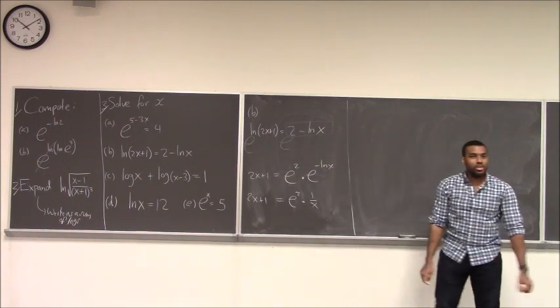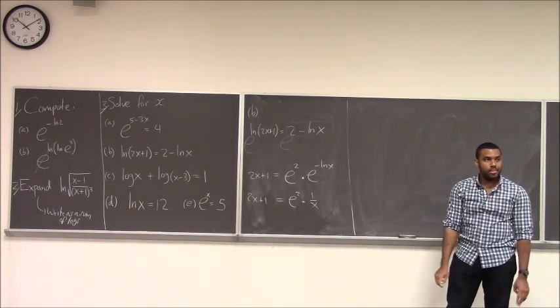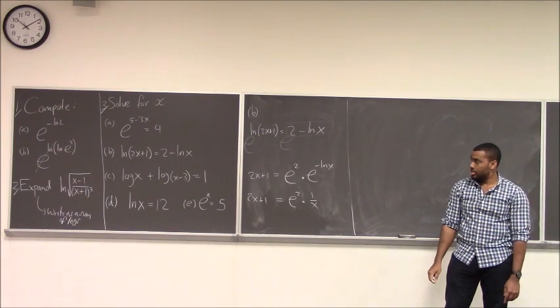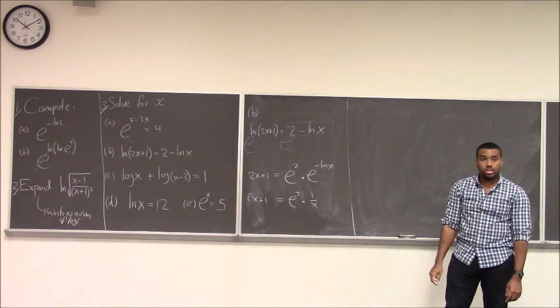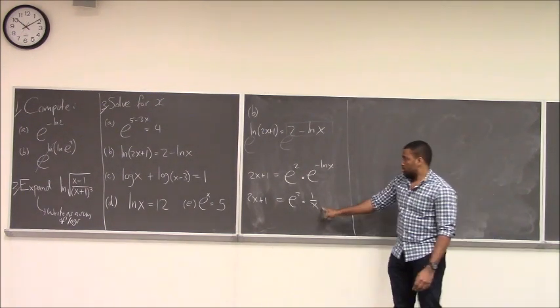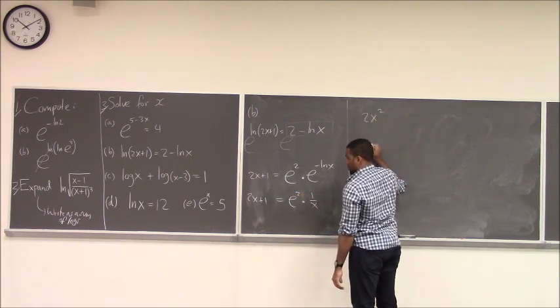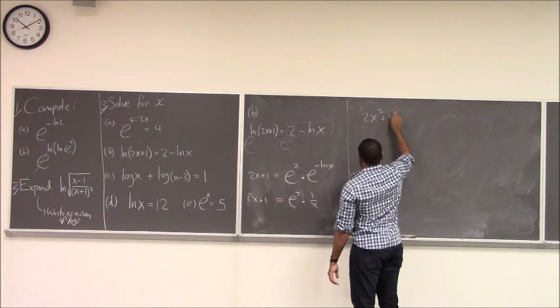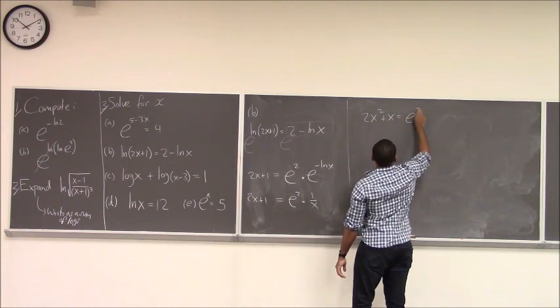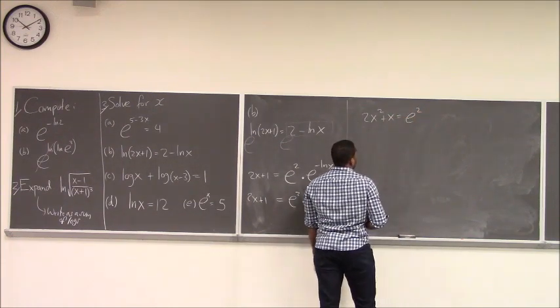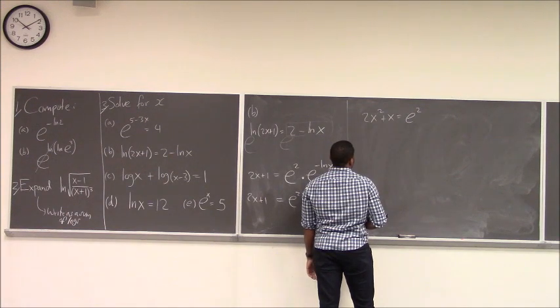Okay, algebra, how do we get that x? How do we isolate the x here? We'll just multiply the x to the other side first. Now what?